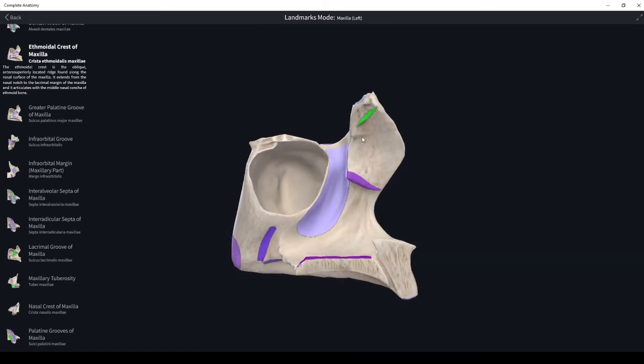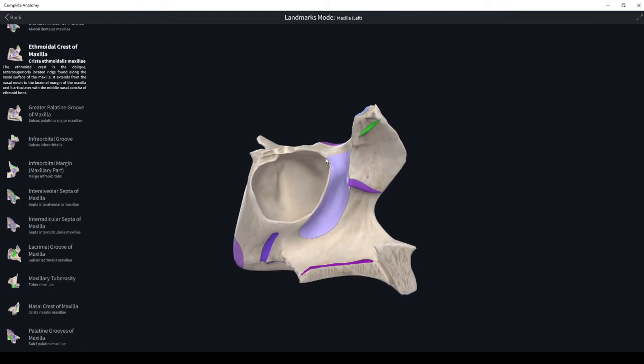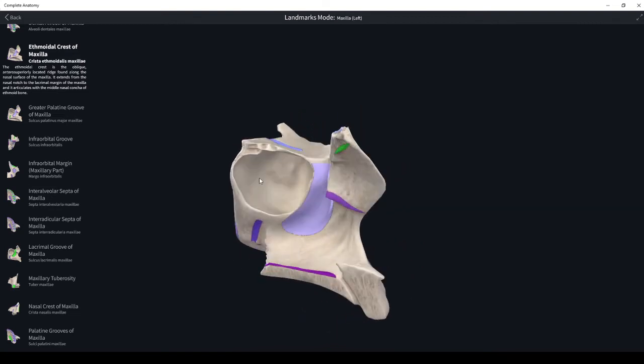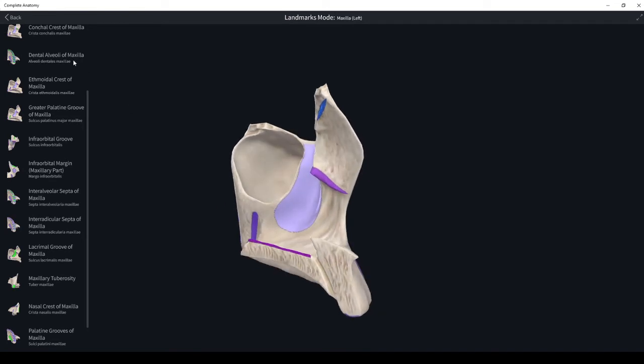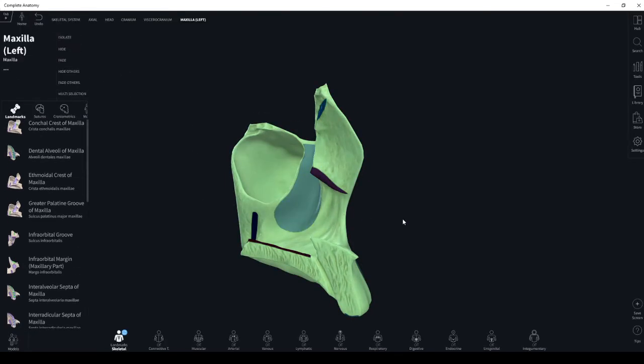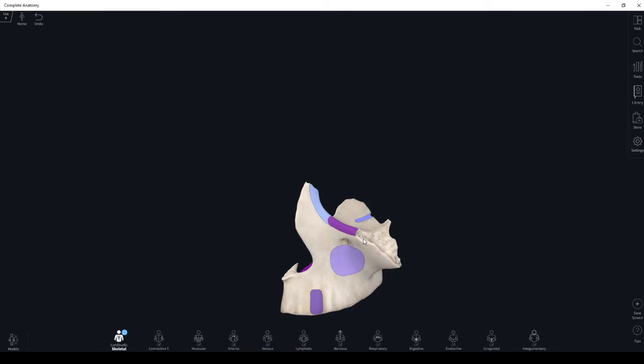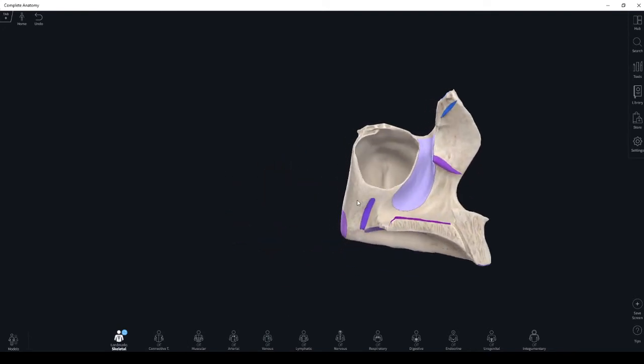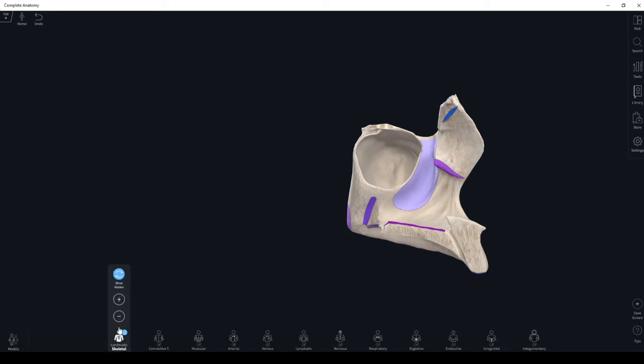The most prominent part of it is the huge cavity inside, which is called the maxillary sinus, and the opening of the maxillary sinus is called hiatus sinus maxillaris.